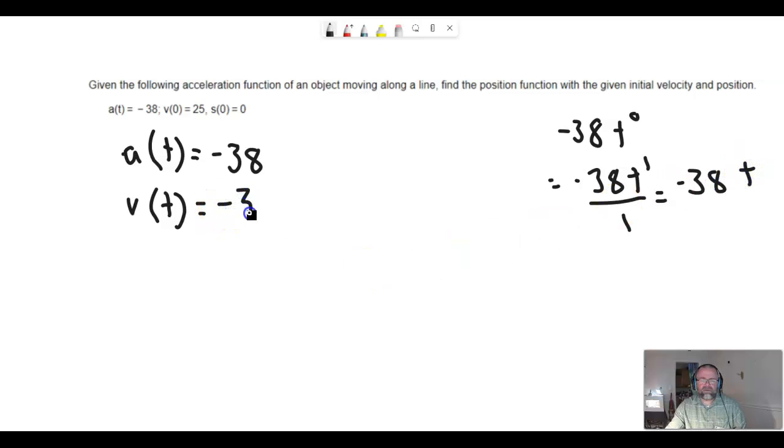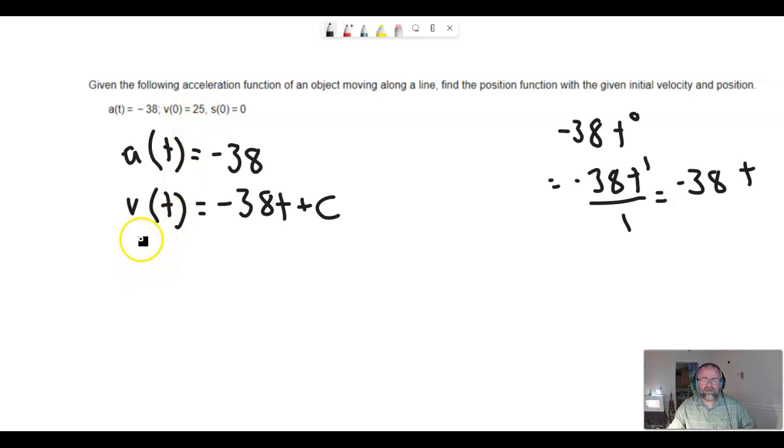So negative 38t plus some constant of integration. We have to assume that there may be some constant there that, when we took the derivative, zeroed out. So that's why we have a little placeholder for it. But we're given some information here that's going to allow us to solve for that constant of integration. We're given that v evaluated at 0 is equal to 25.